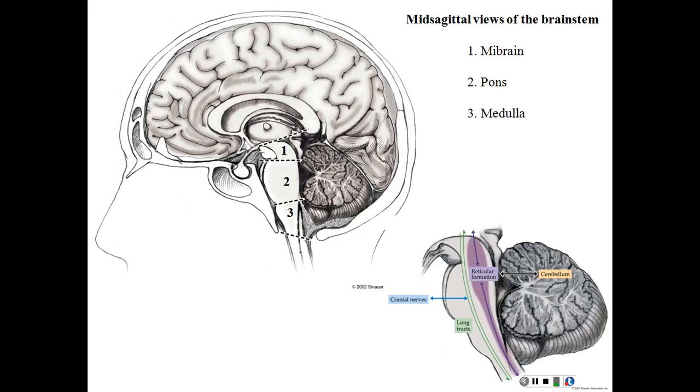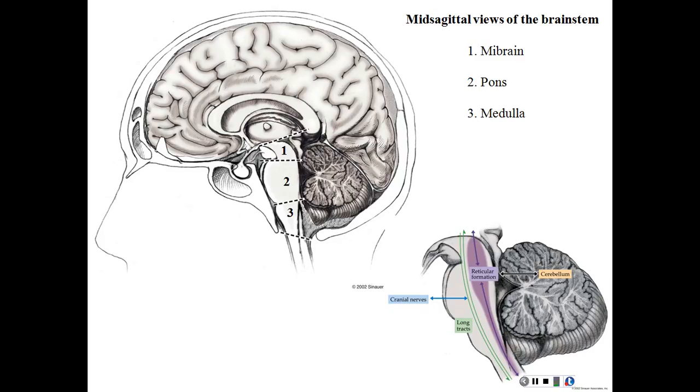So what would be 3 long tracts that must pass through the brainstem? Corticospinal / corticobulbar, right? Anterior, posterior columns, medial lemniscus, and anterolateral, right? We're trying to get information from the spinal cord to the thalamus, passing through the brainstem.